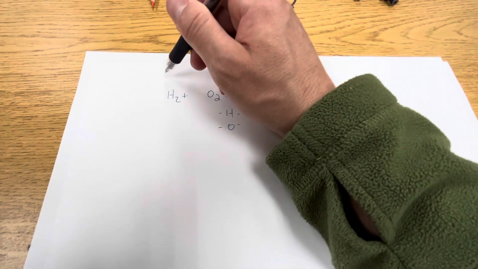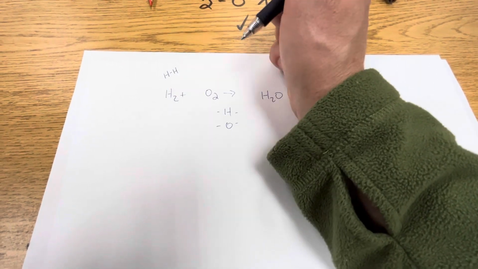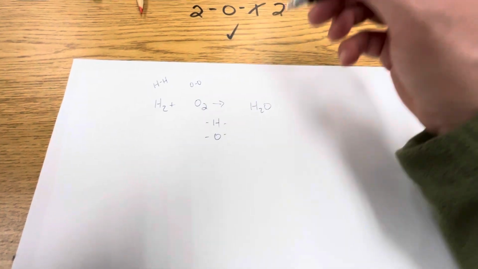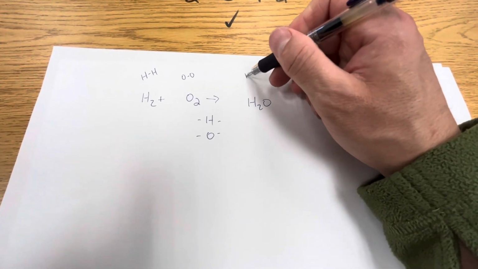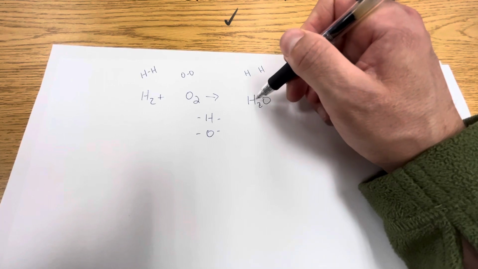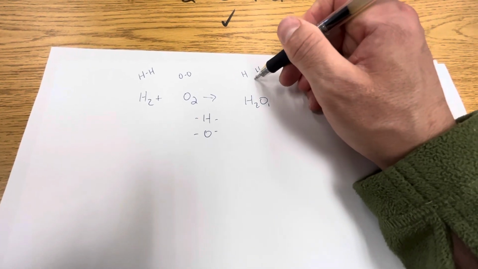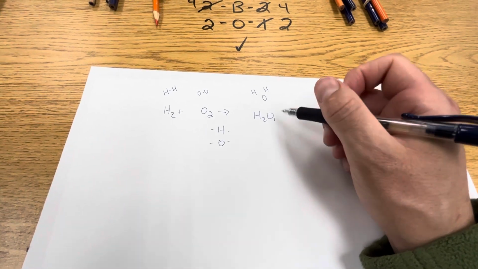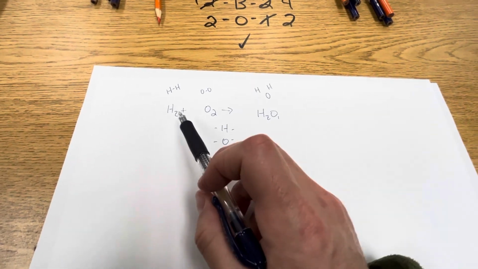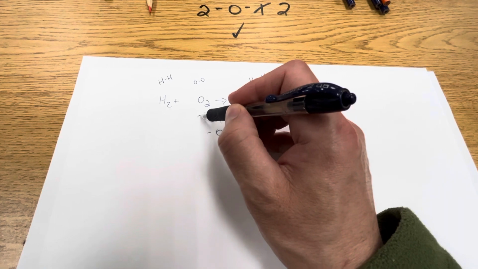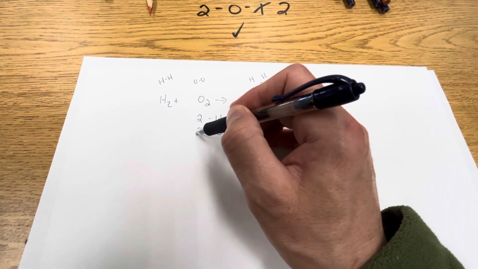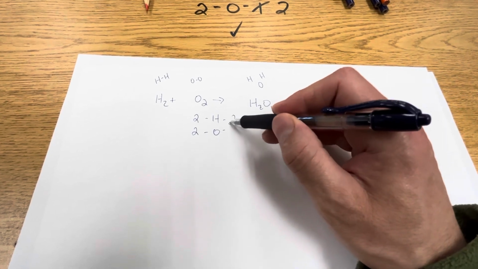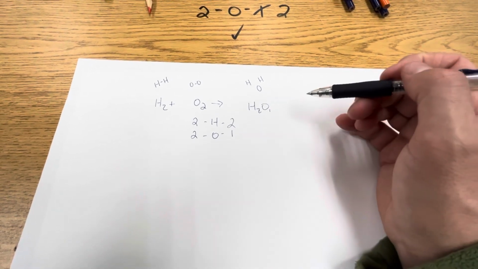H2 is telling us that there is an H connected to an H. O2 is telling us there's an O connected to an O. And H2O is saying there's 2 hydrogens, 1 oxygen, and that one doesn't have to be there, but it's assumed. So on the left, we have 2 hydrogens and 2 oxygens, 1, 2. And over here, we have 2 hydrogens and 1 oxygen.